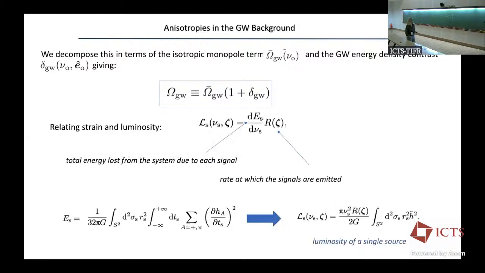And I'm going to relate the strain and the luminosity through this expression, which is the total energy of gravitational waves radiated from the source. This is the rate at which the signals are emitted. And then you can find the total energy of gravitational waves, and from there, the luminosity.